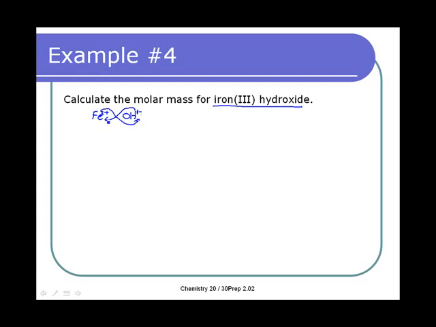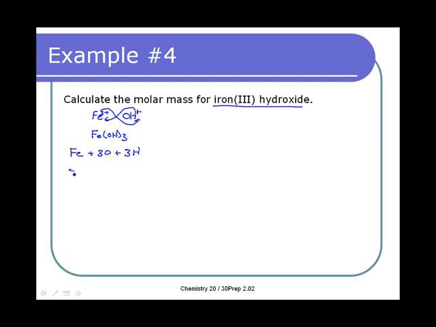So 1 for iron, 3 for hydroxide, and so it's Fe, and then in brackets OH 3. And so we have an iron plus 3 oxygens plus 3 hydrogens.